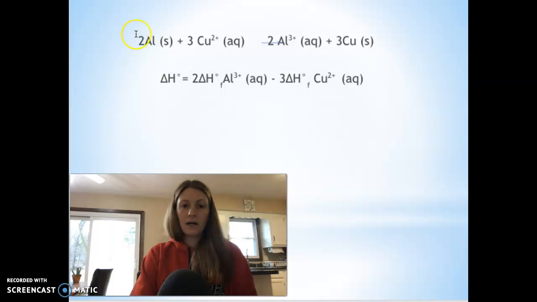So because aluminum here is a solid, and it almost always is a solid at room temperature, we're going to ignore this one. Because copper is a solid here, you ignore that one. And we get the enthalpy of formation of our aqueous aluminum multiplied by its coefficient minus the enthalpy of formation of our aqueous copper multiplied by its coefficient.